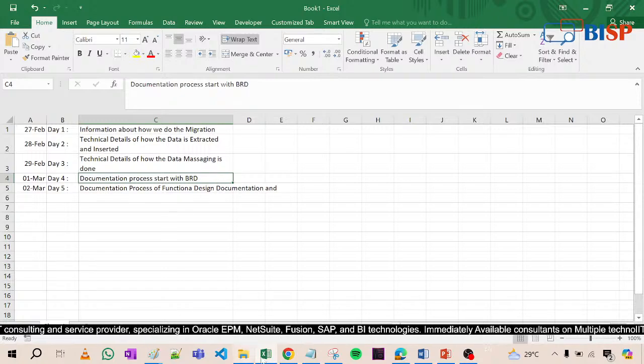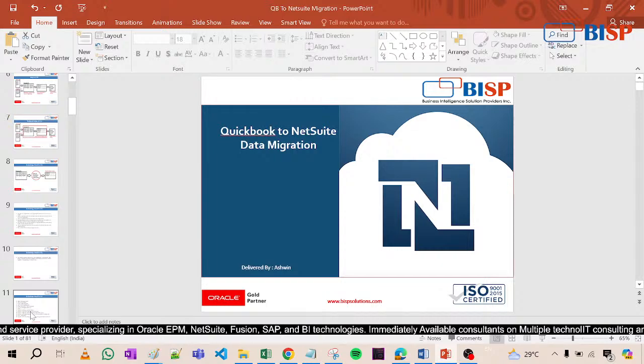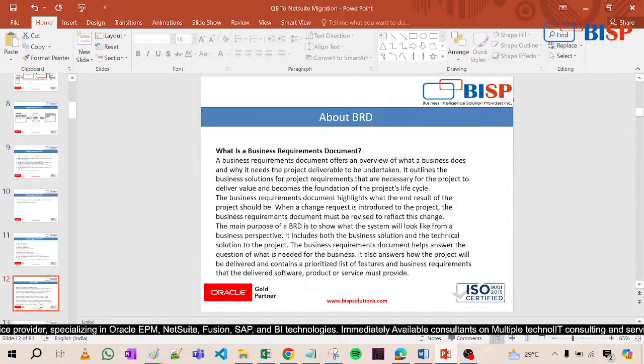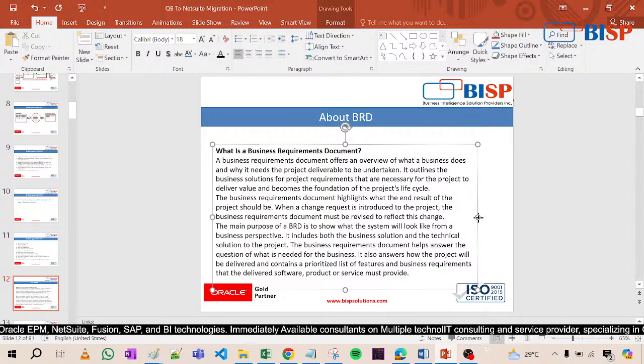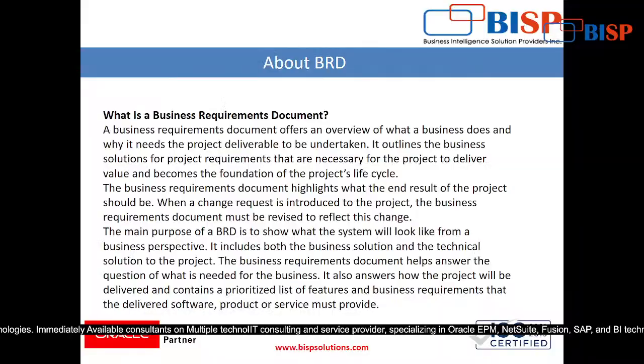The very first document is the business requirement document, and it contains all the requirements that the client needs. We will discuss them one by one. There are some points which are required. So today we will discuss the technique of writing a BRD.